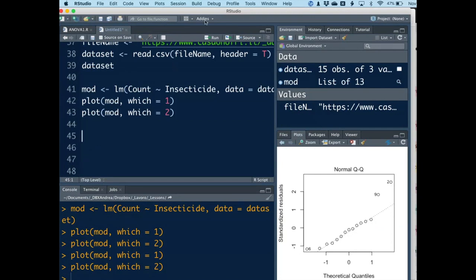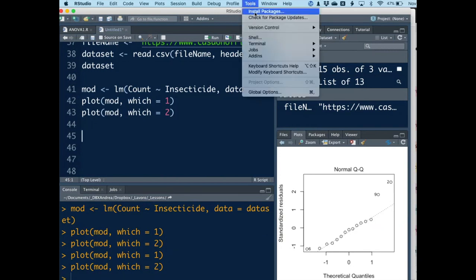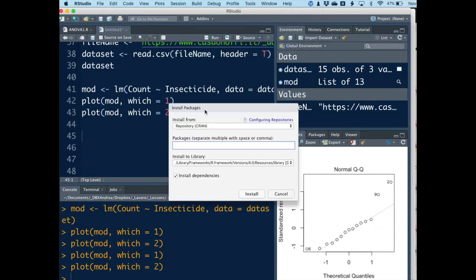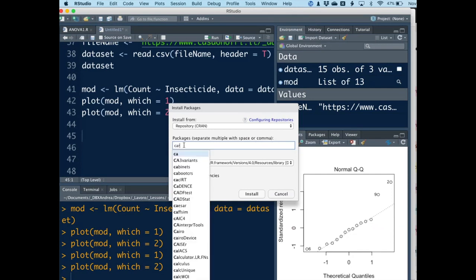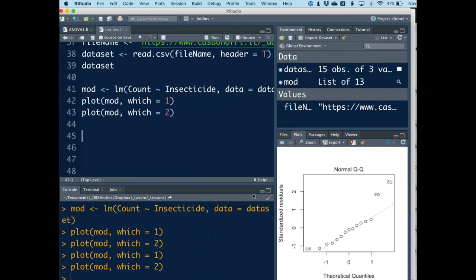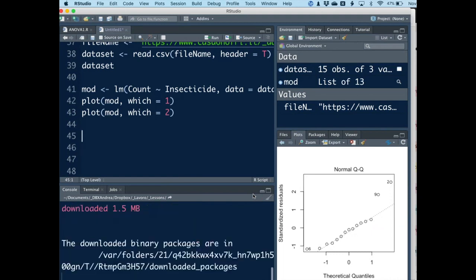We can do this by using the menu here, Tools, Install packages, and then I install the package car. Of course, I have it already installed, so I don't need to install it again. But you have to do this.